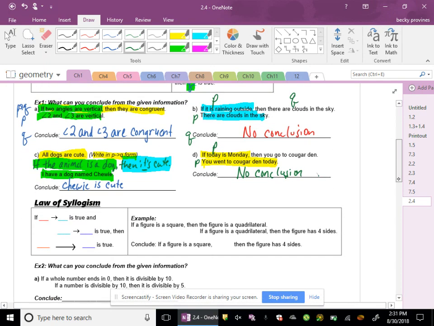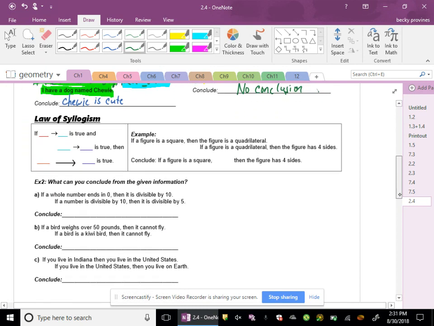Now moving on, this is the last law of today. It's called law of syllogism. Okay, so here's what it looks like. You're going to have a sentence, P then Q. If you like geometry, then you'll do well on the test.